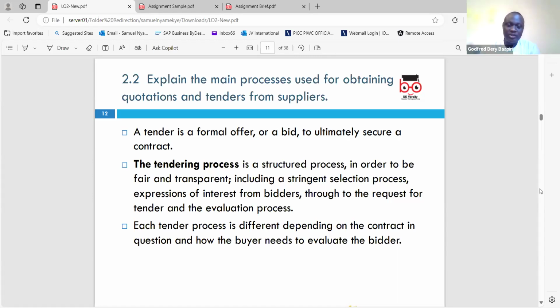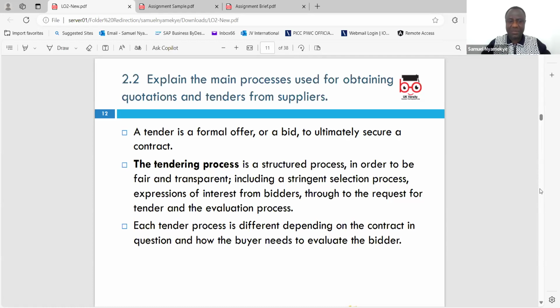So in that document, you find the quantity, or the quality, and then the price, maybe you are ready to pay, or you are offering. That's my understanding.